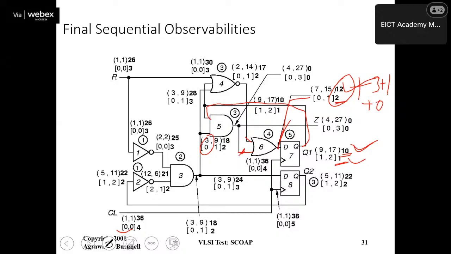Something else I've taken, right? This value had these values, so this is 4 plus 1, that is 17, and this value will remain 2 plus 0, that is 2. So this becomes 17, 2.